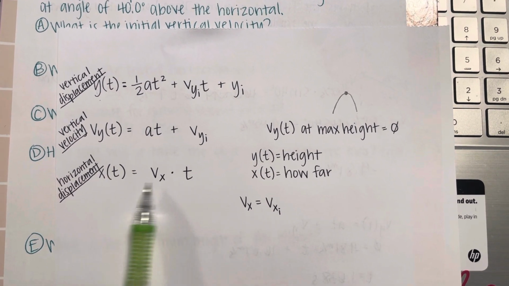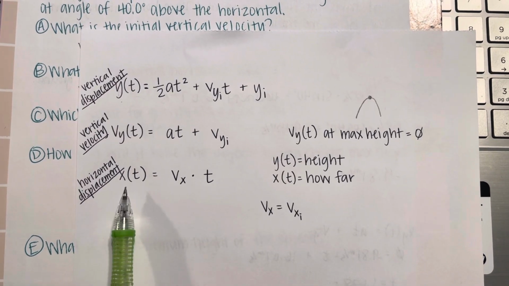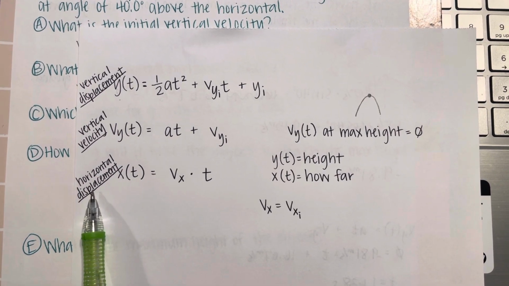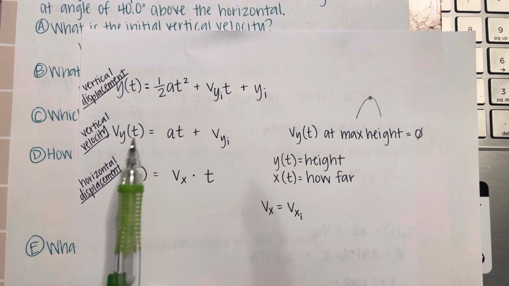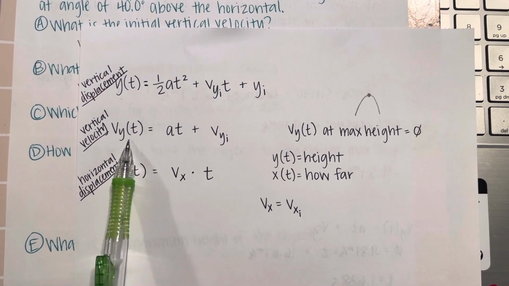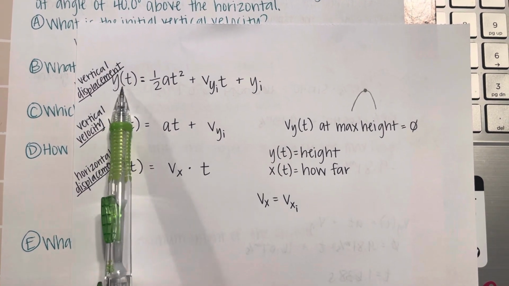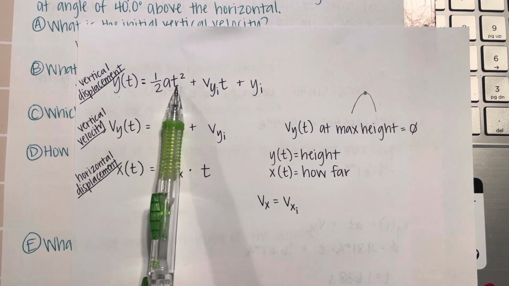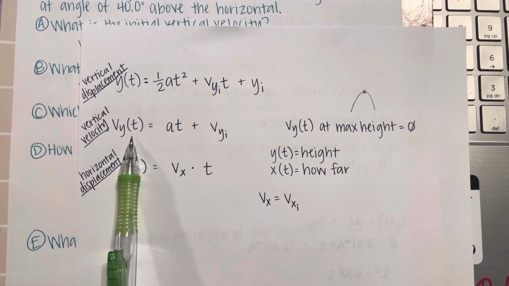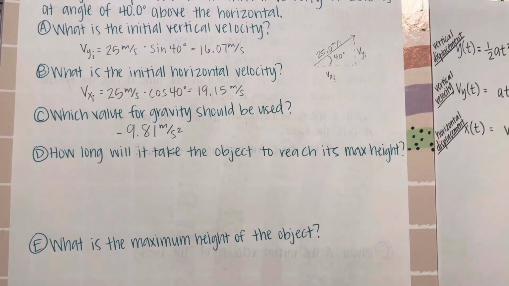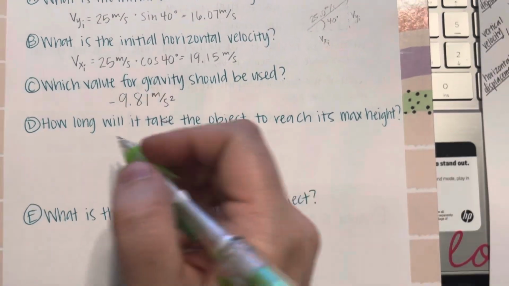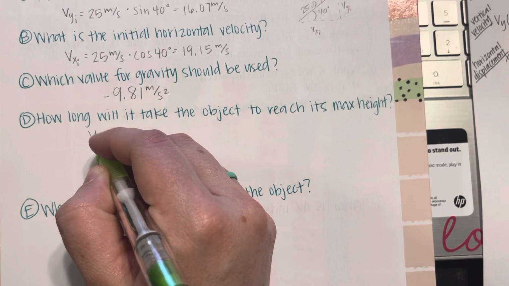Okay, this formula is irrelevant right now because I'm not finding anything out about the horizontal displacement. Okay, so the only option that I have is this one. I can't find this one because I'm missing 2 of the variables, y of t and t, but I can use this formula. So I'm going to copy that for part D, and then I'll fill in the blanks.